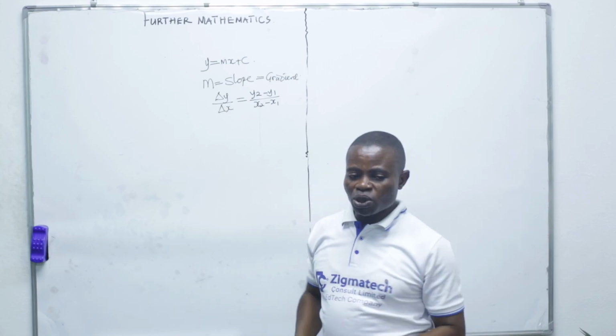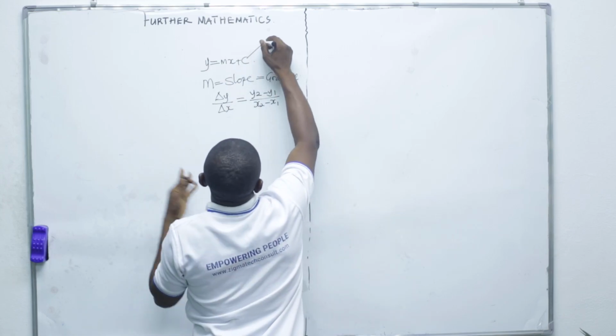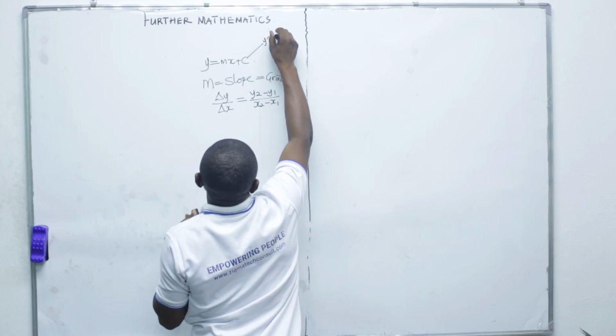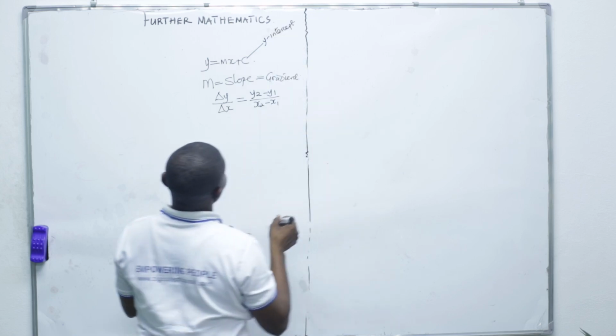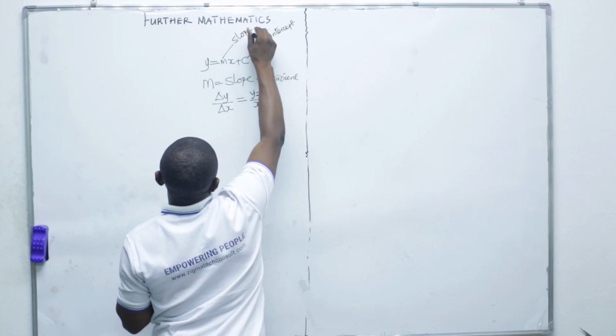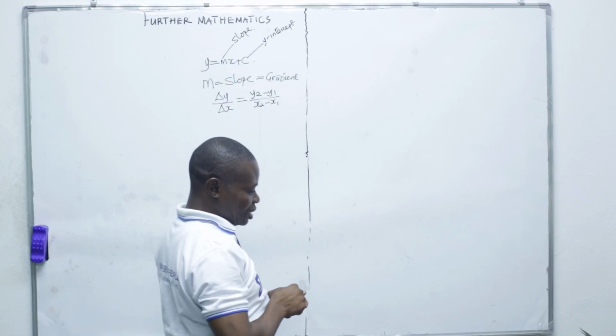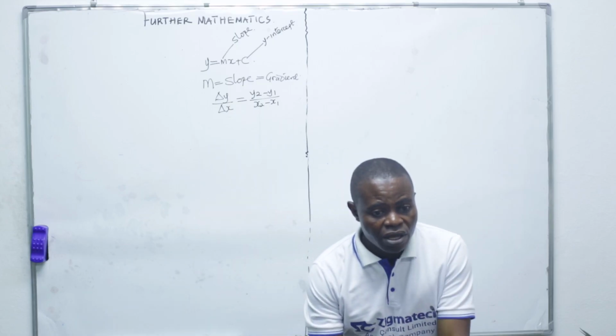The b is called what? The y-intercept. I am using c. I call it the y-intercept. Okay. And this one is called what? The slope, I have already explained. Changing this and changing that.